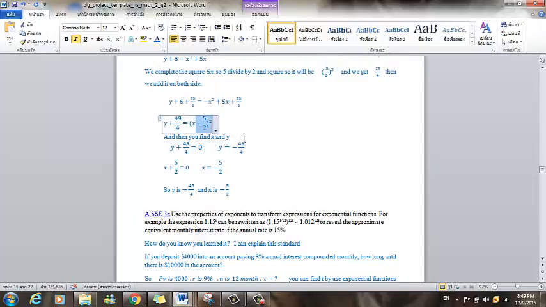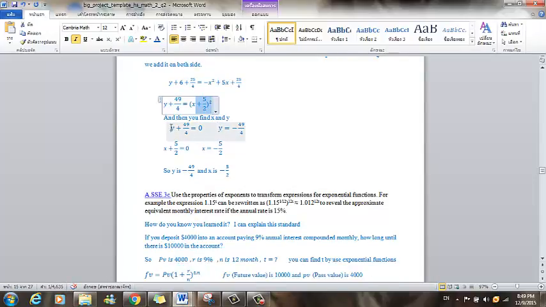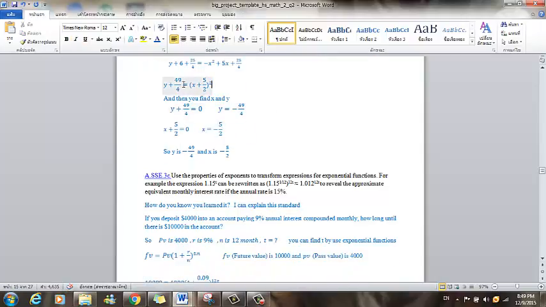And then you find x and y. To find the y side, we set this equal to 0 and then switch the side. Switching 49 over 4 to the other side gives minus 49 over 4.